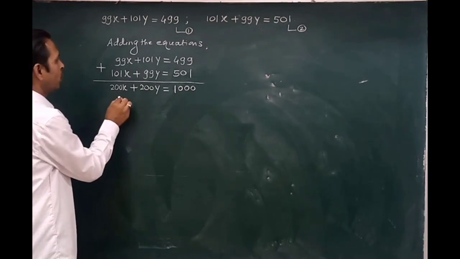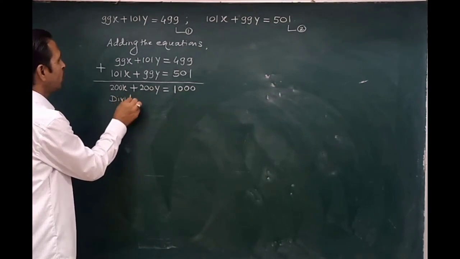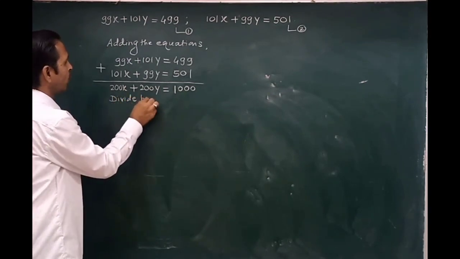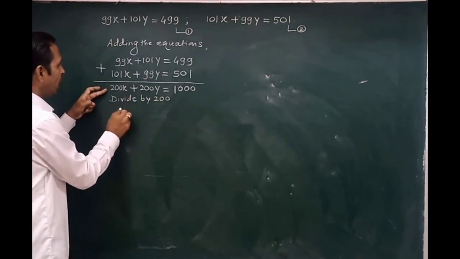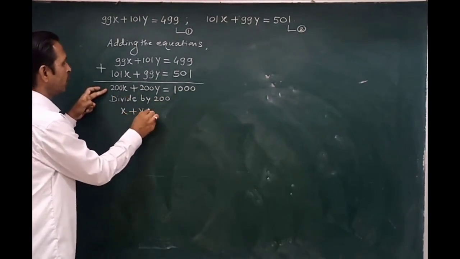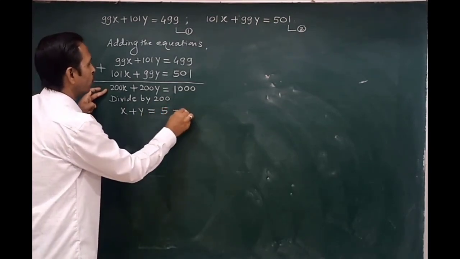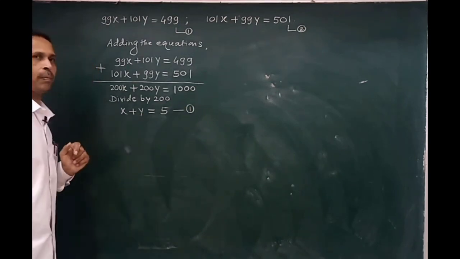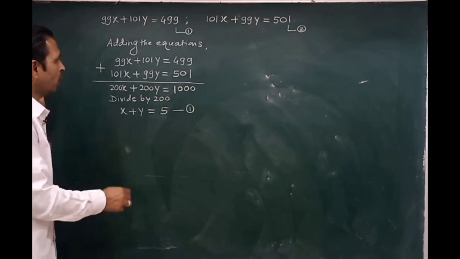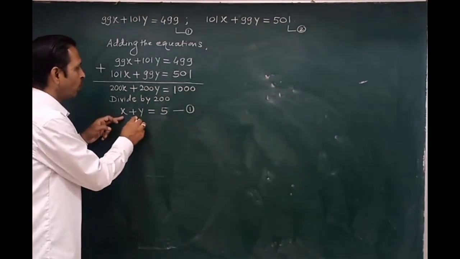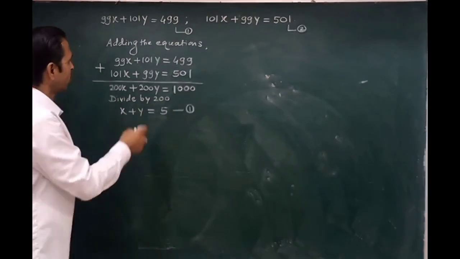And that's why divide each term by 200, we will get here x + y = 5. This is equation number 1. 1000 divided by 200 is 5. Now this is one of the equations we make from adding these two equations.